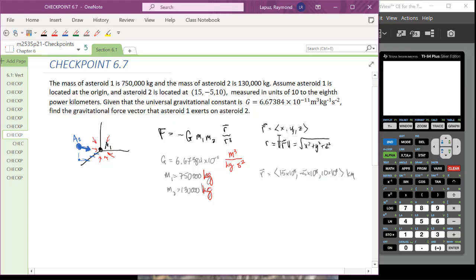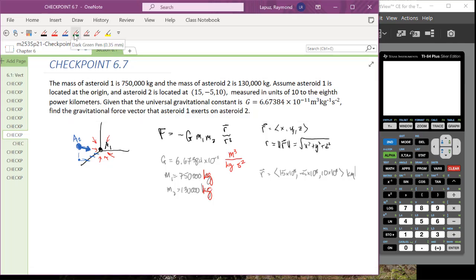Generally we want the force in newtons, and the gravitational constant is given in cubic meters, so we're going to multiply everything by 10 to the 3rd, because we go from kilometers to meters.